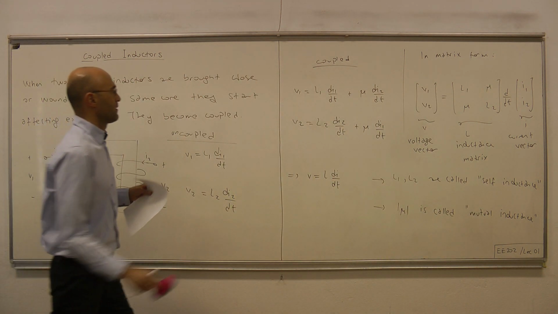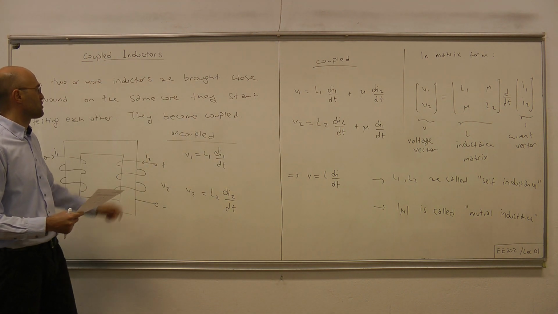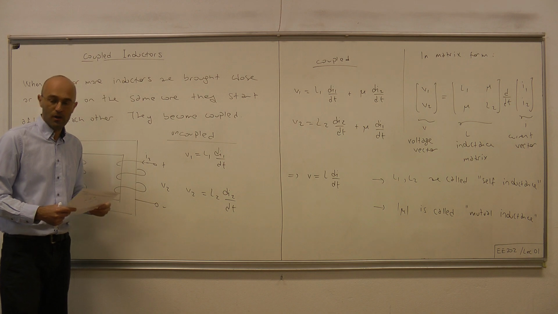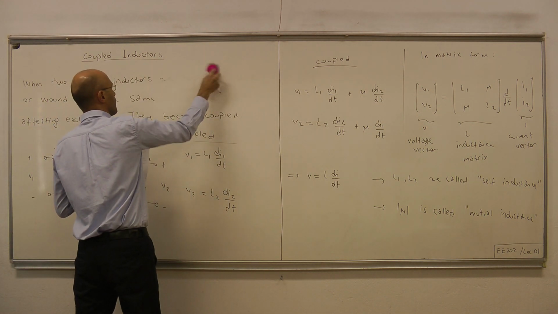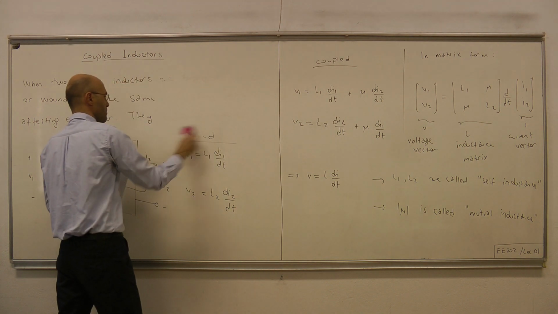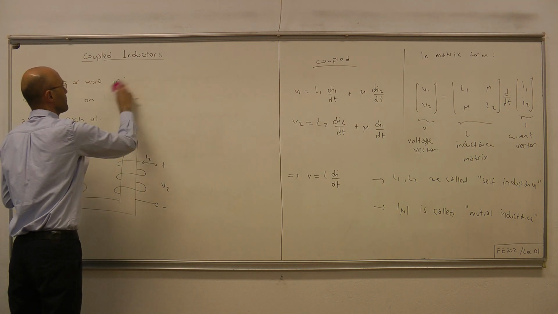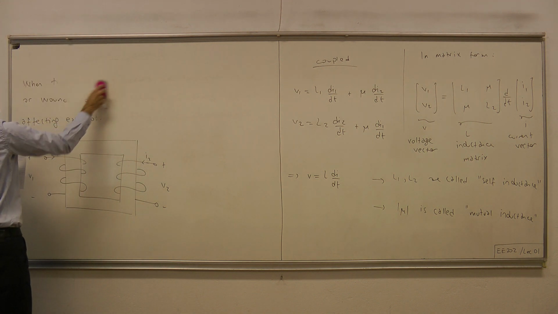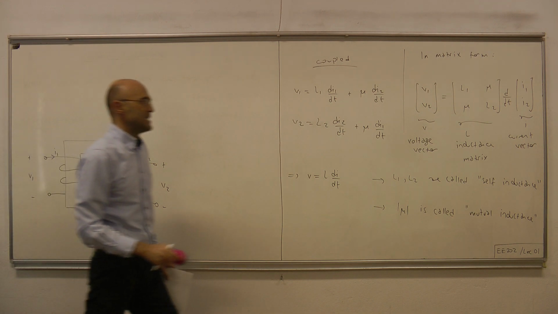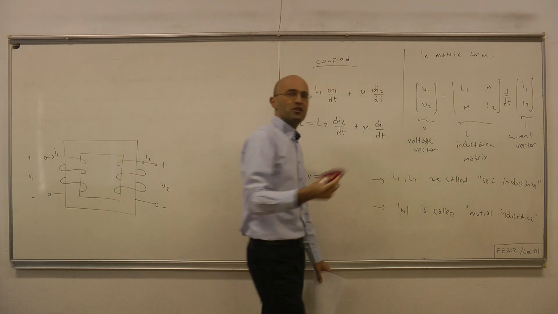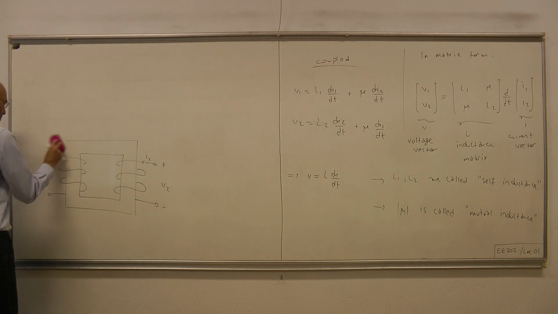So this case can have generalizations for more than 2 inductors, 3, 4, however many is necessary to model the actual physical device. But one nice thing about all those representations is that the inductance matrix, which will always be a square matrix, will be symmetric.